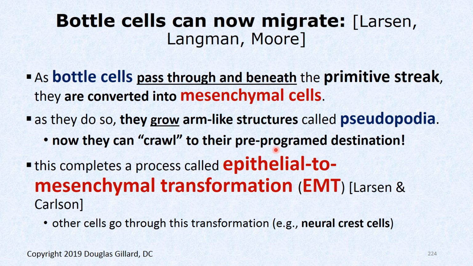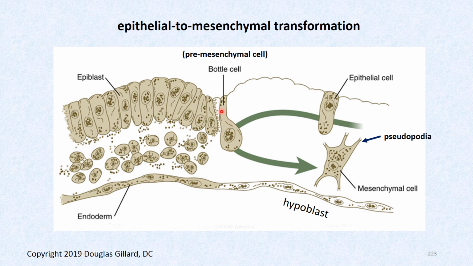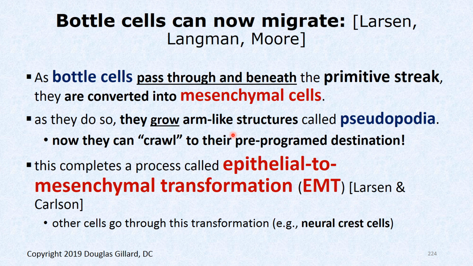Remember, when they pass through the primitive streak, they get turned into zombies, and they're told, okay, you're going to become a cardiac region cell, or they get programmed into where to go. Okay, and then that completes the epithelial to mesenchymal transformation. And we're going to talk about that again when we talk about neural crest cells, probably in the next video.